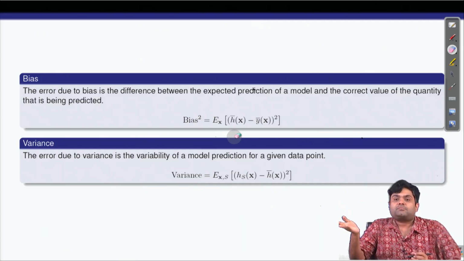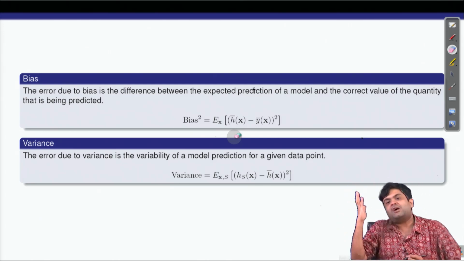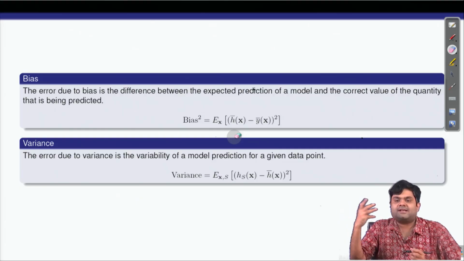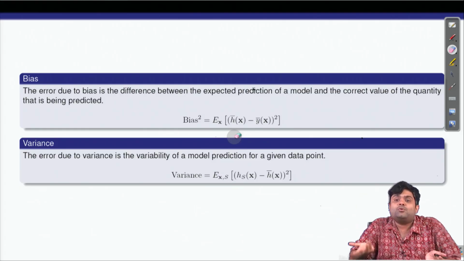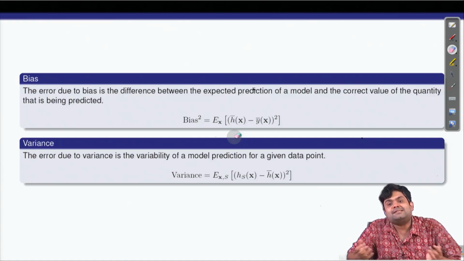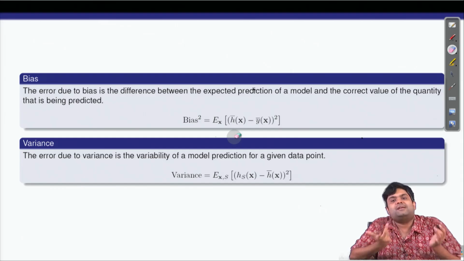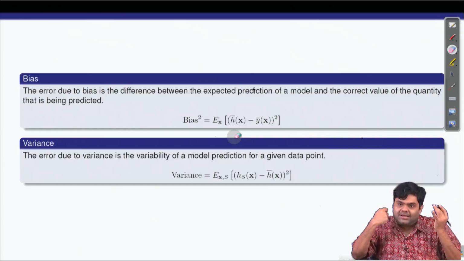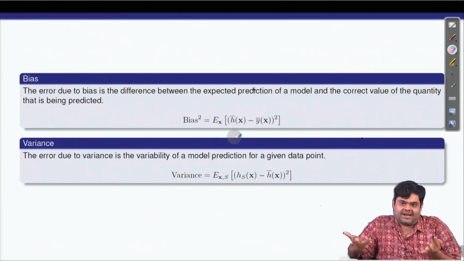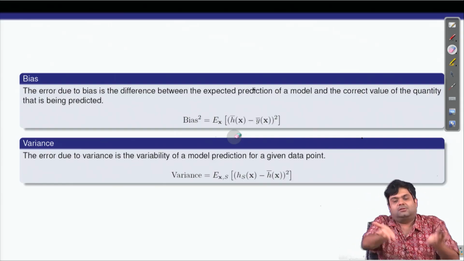Let us say the x and y relation follows a 100-degree polynomial. Now, if the data you are getting is of size 10, from a size 10 data, there is no way you can guess that it is a 100-degree polynomial. Now, once you get the sample, you have to get into the business of modeling.